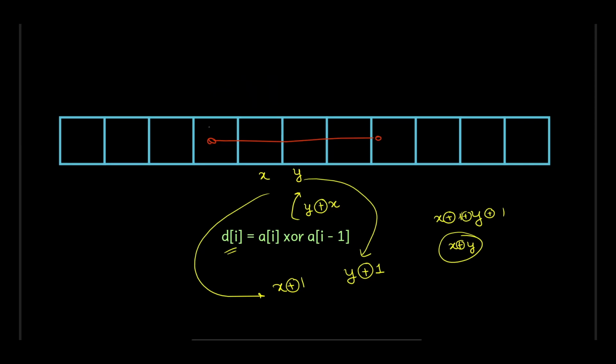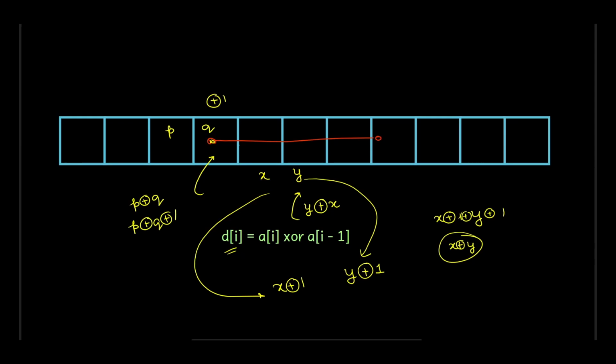Since you are doing an XOR over here, the d of this entry would change, because if this was p and this was q, the old XOR was p XOR q, but the new XOR would be p XOR q XOR 1.